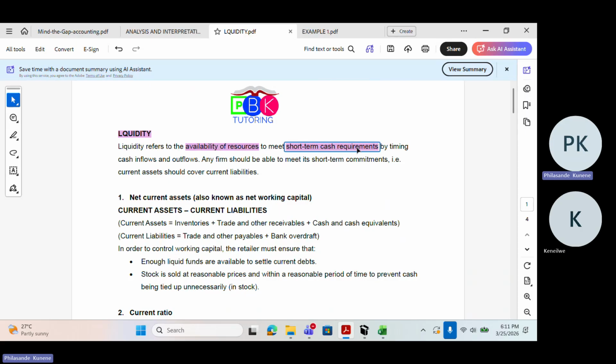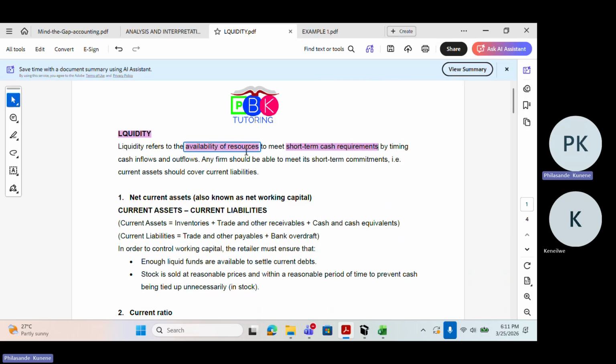Whatever we need to pay in cash, do we have enough resources to cover those requirements? That is liquidity. The reason they refer to these as resources is because we're not looking exactly at the cash that we have in the bank.